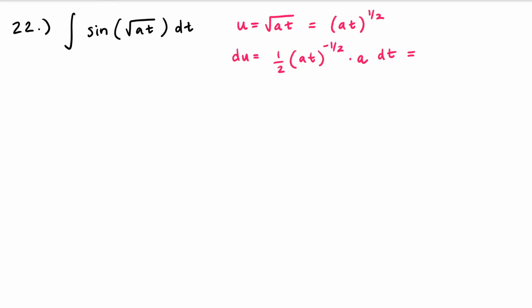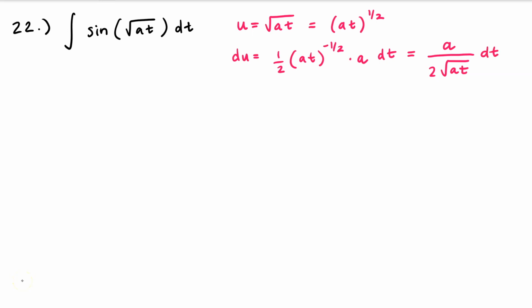So I'm going to clean this up a bit. Because I have a negative exponent and it's the negative 1/2 power, I can move that into the denominator. So that's going to be 1 over 2 times the square root of a times t. And then I still have an a, so maybe I'll put that in the numerator and then dt like that.